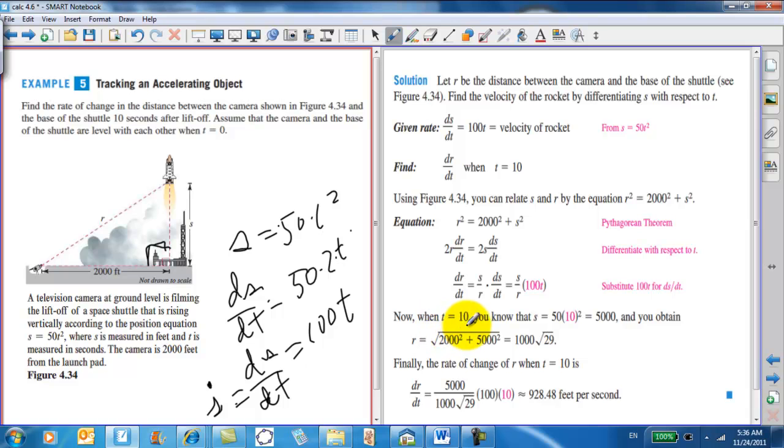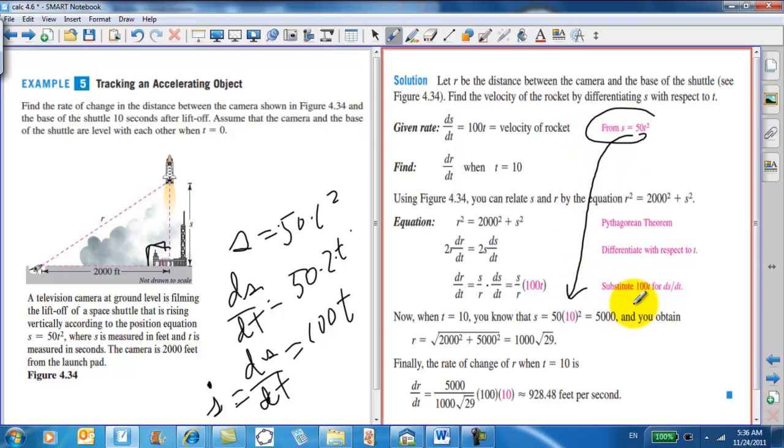Now when t equals 10, you know that s equals 5,000 from this equation. And you obtain r equals the square root of 2,000 squared plus 5,000 squared, which is 1,000 times the square root of 29. So we actually have to figure out what's happening at 10 seconds, the rate of change of r when t equals 10.